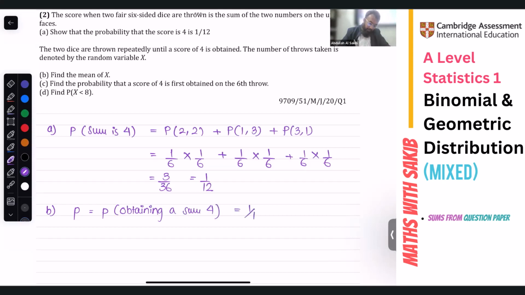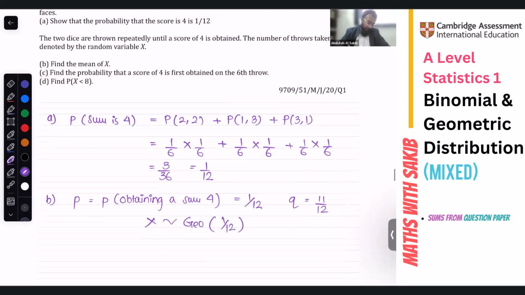That means 1 by 12. So what about the probability of failure? 11 by 12. Clear? Now, find the mean of x. So it's a geometric distribution. X follows geometric distribution. What's the probability of success? 1 by 12. Clear? Okay.